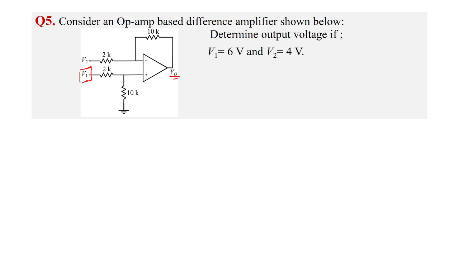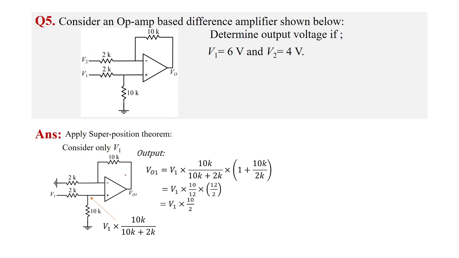Initially I connect V2 to ground, and find V0 corresponding to V1 as V01. Later we apply the voltage V2, ground V1, and find the output voltage due to V2 as V02, and sum both these voltages, and that will be the voltage V0. So this is the superposition theorem, right? We will do the same concept here. That will be easy here.